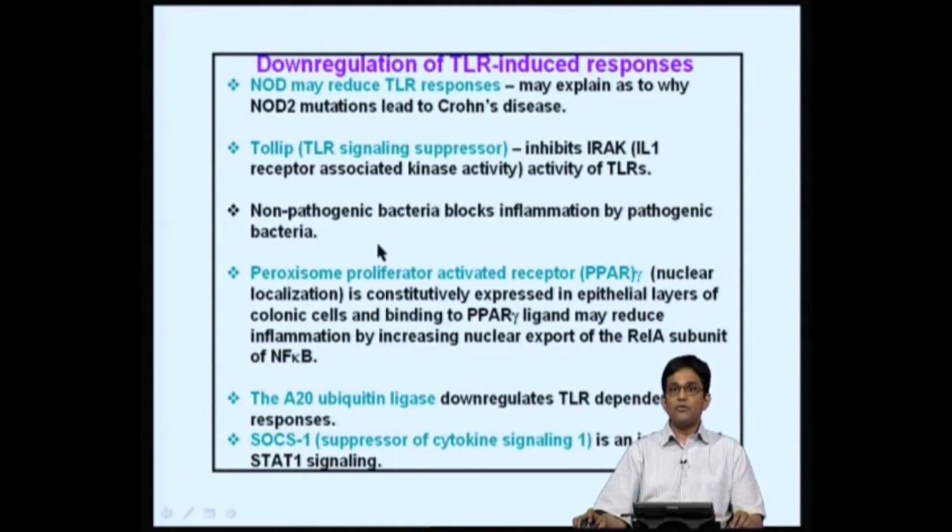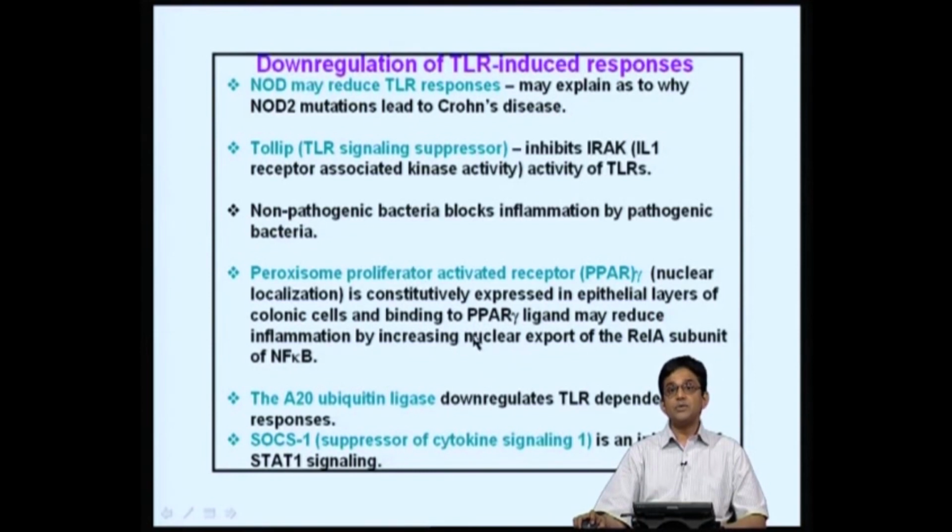The peroxisome proliferator activated receptor, PPAR gamma. Now, peroxisome proliferator activated receptors are nuclear transcription factors which get activated, and they lead to a wide variety of responses. In this particular case, it results in increased production of peroxisomes, and that is why the name peroxisome proliferator activated receptor.